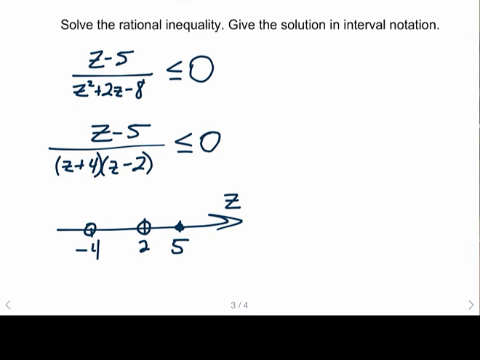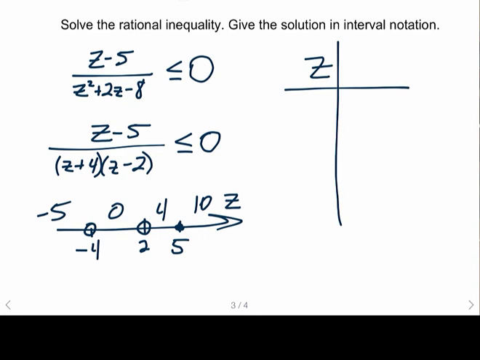variable of interest. Now I'm going to pick test points in these intervals. And I'm going to use negative 5, 0, 4, and 10. I just need to pick numbers that are in intervals defined by those values that we have. And what I want for each of these inputs is whether the expression is positive or negative as an output.